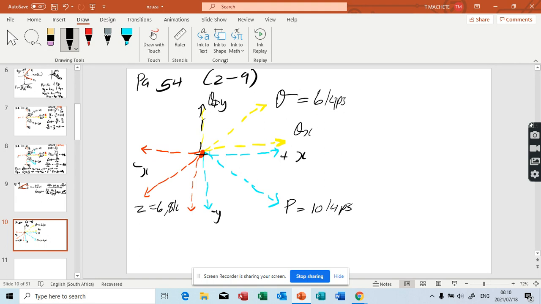Then this side, we're going to have to find PX and PY. I even wrote that minus P minus Y. Already it tells you that your ZY and your PY are going to be negative.